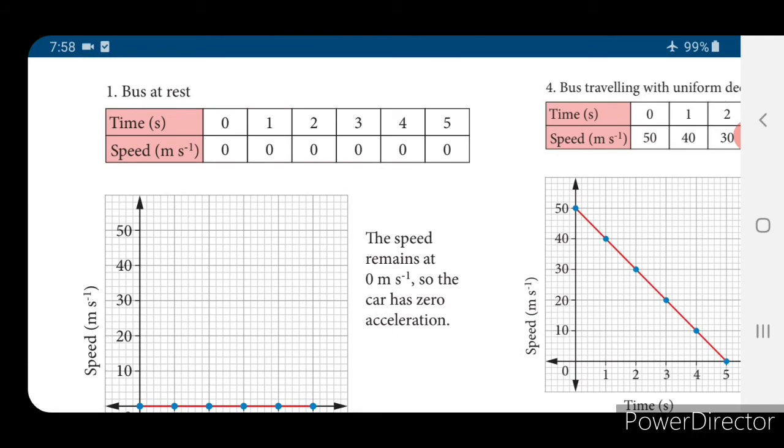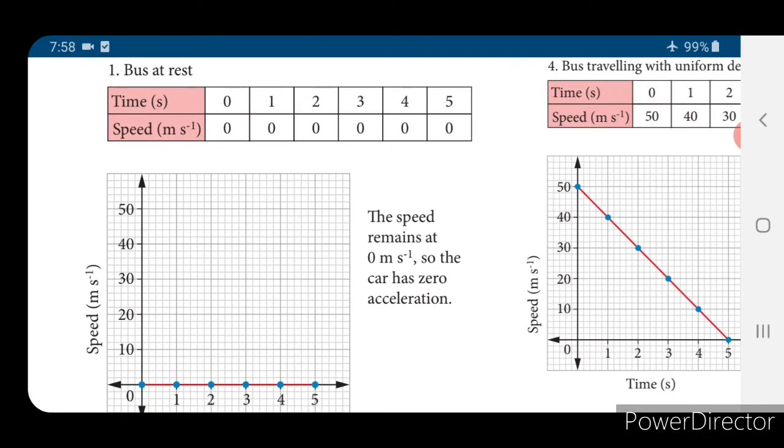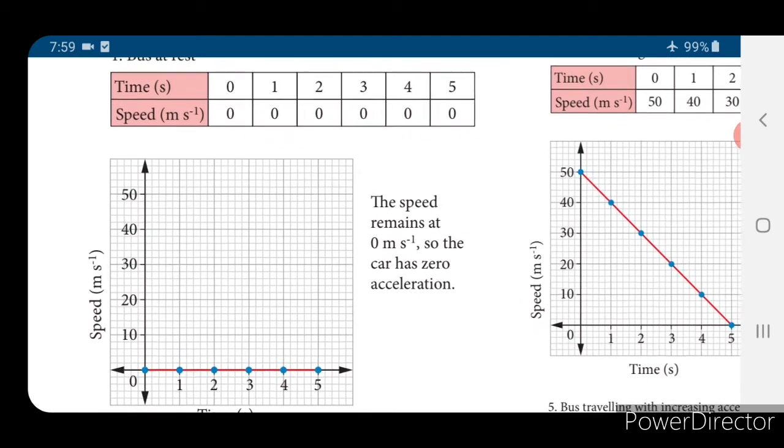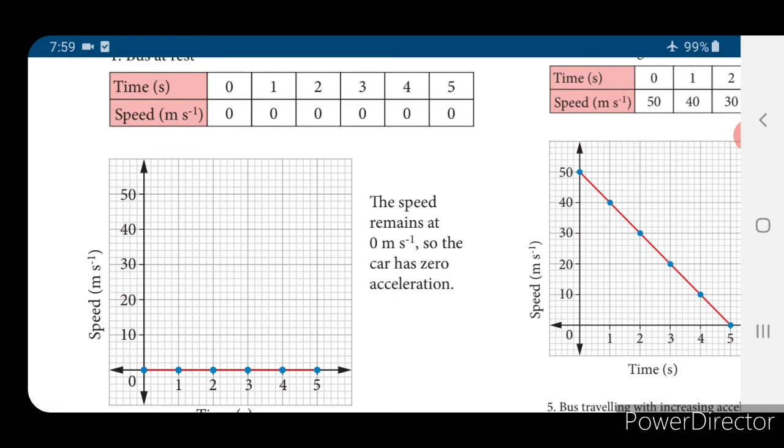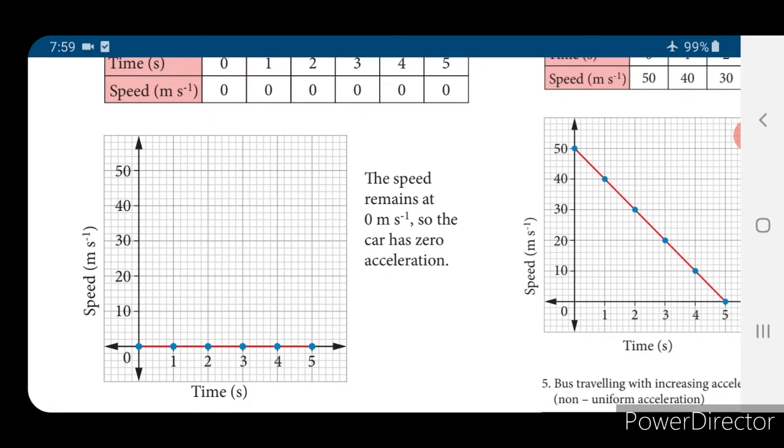Here, when the bus is at rest, what is the speed? The speed will be 0. Here time is on the x-axis and speed is on the y-axis. Time in seconds is given as 1, 2, 3, 4, 5, and speed as 0, 10, 20, 30, 40, 50.